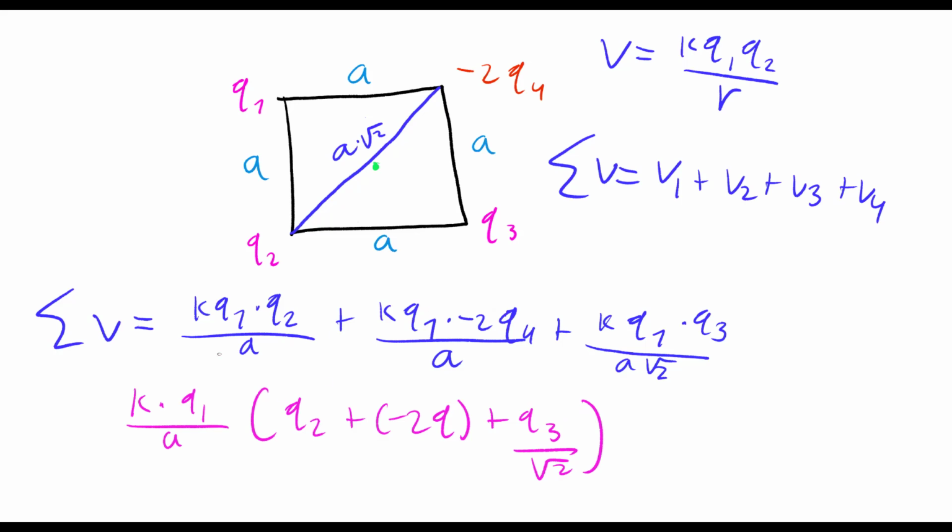So let's make sure that everything's right. Q1. Let's see here. Yeah, that would be correct. So that would be the total potential energy relative to the 4 charges. All right? Just pick a point right here and just do your total potential relative to that point.